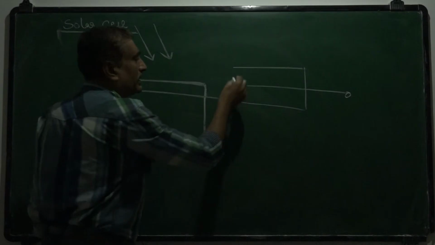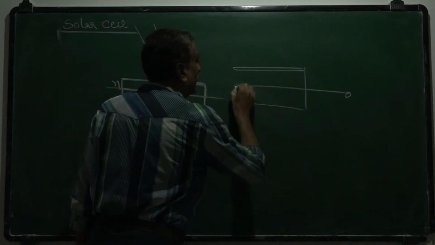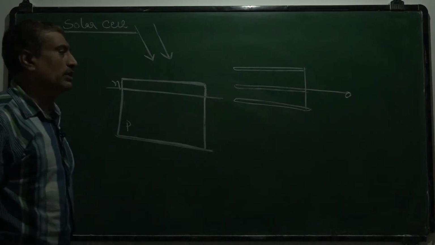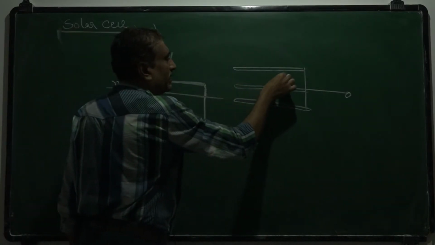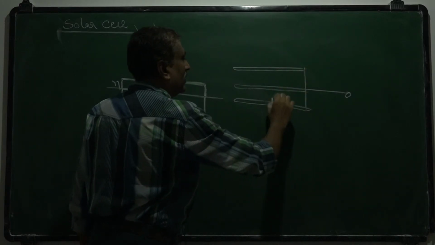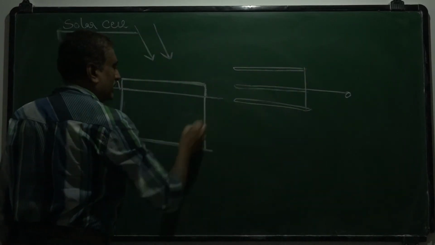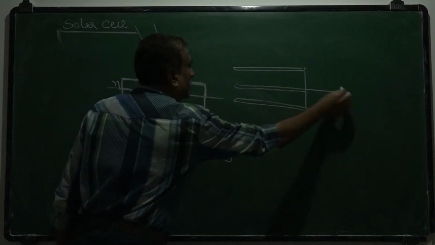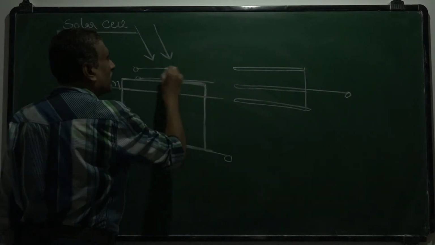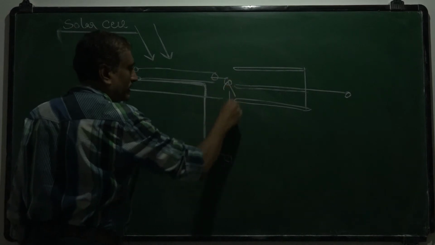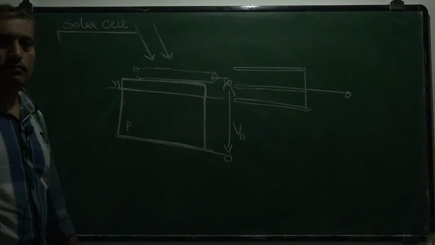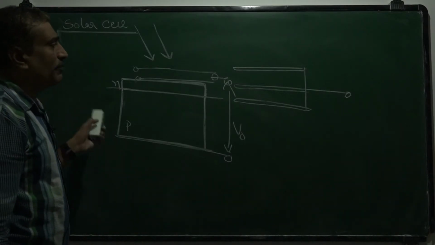The region in between is left open on this N layer, so that light is incident on the gaps between these two metal regions. So the output is taken across this one. Okay, this is the working of solar cell.